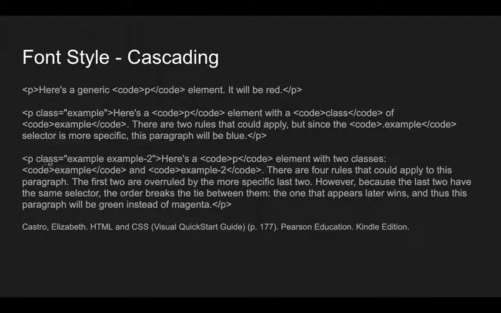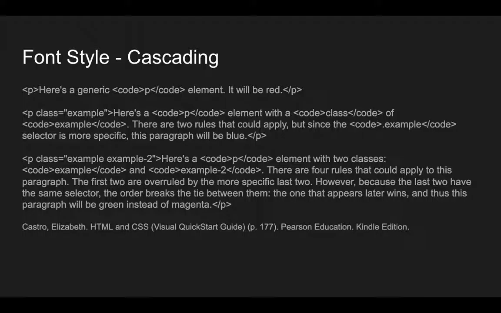Now we have a P class, and inside of the quotes, we have example space example2. What do you think happens here? If the selector is dot example and there are curly brackets, and inside those curly brackets it says to make it a certain color.